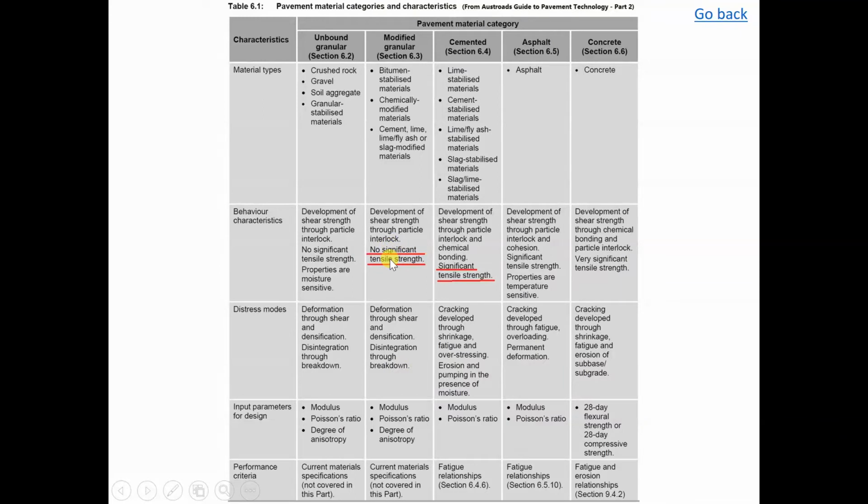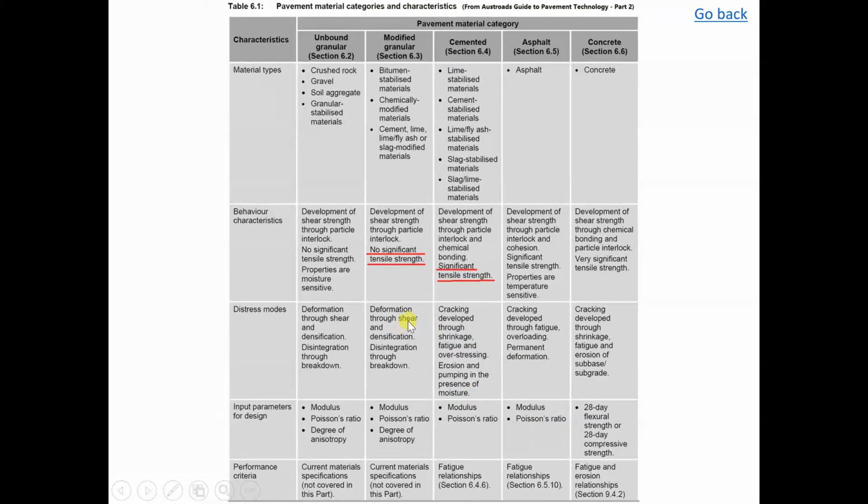Compared to this, we have the cemented material, with development of shear strength through particle interlock and chemical bonding, so significant tensile strength. So cracking develops through shrinkage, fatigue, overstressing, erosion, pumping.